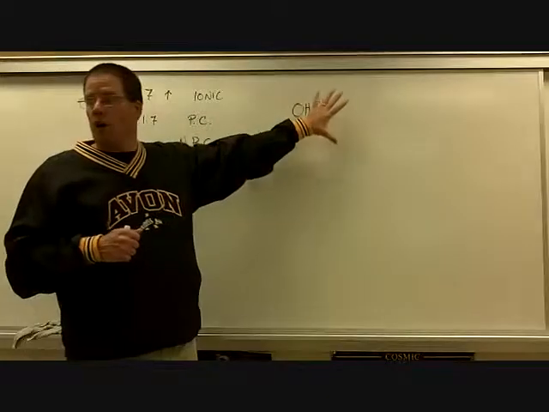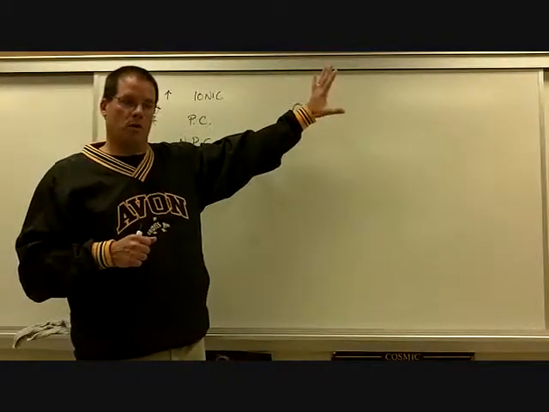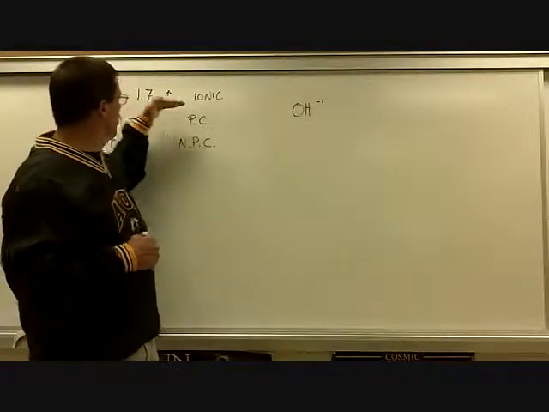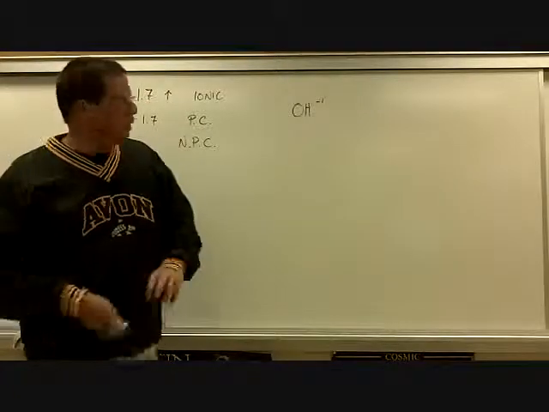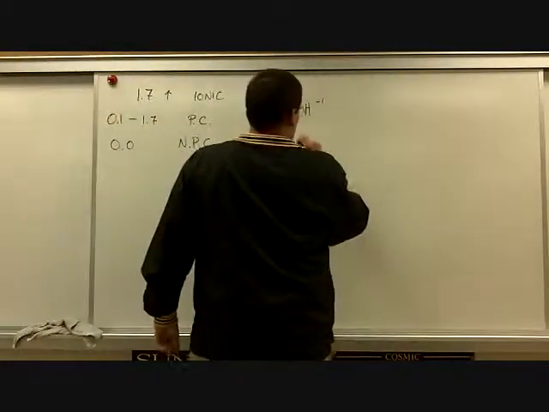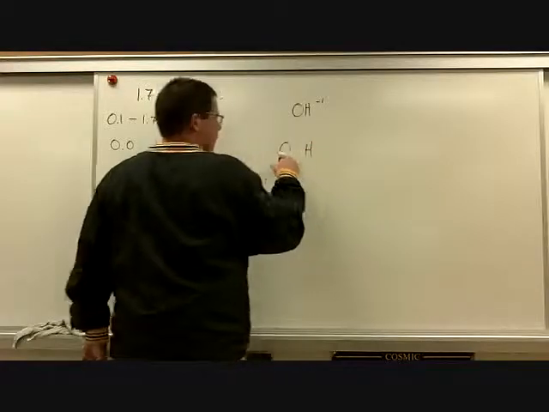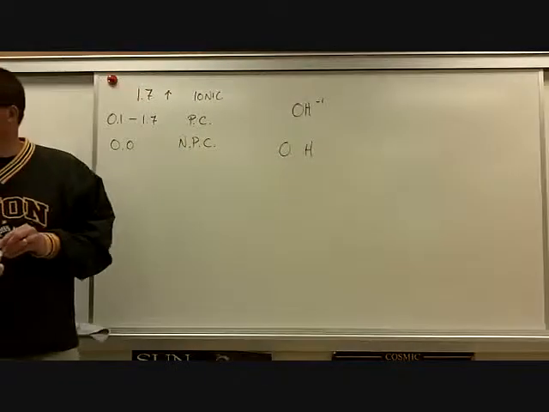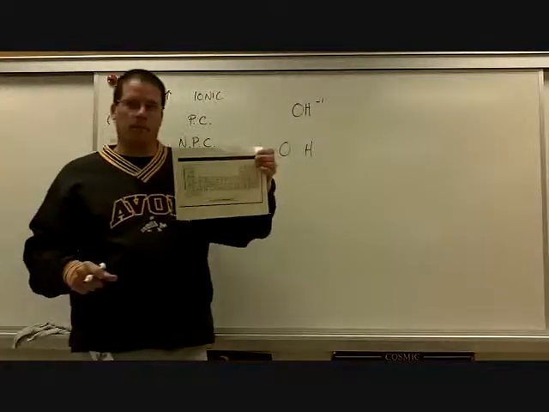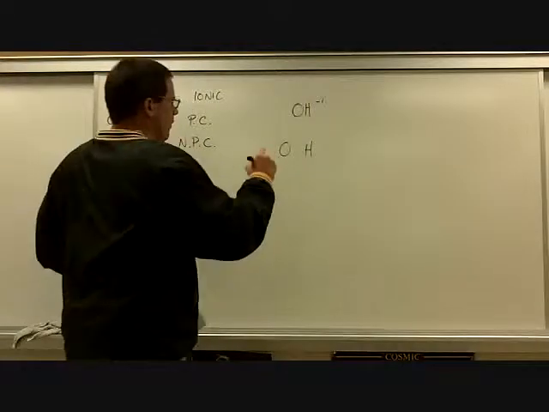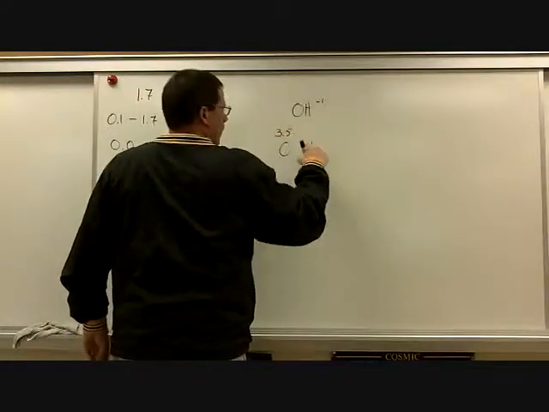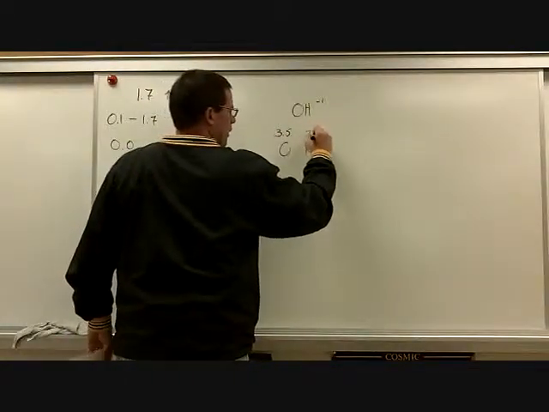So whenever you see charges, just ignore the charge and go back to what type of bond is in between. Looking at between the oxygen and the hydrogen, what's the value on the oxygen? Your electronegative value? 3.5. Okay. And what is the value on hydrogen? 2.1.